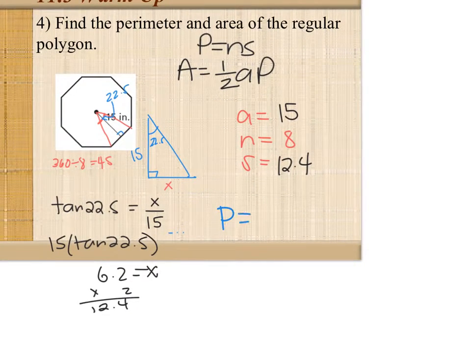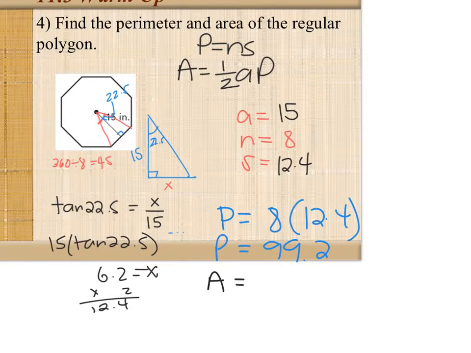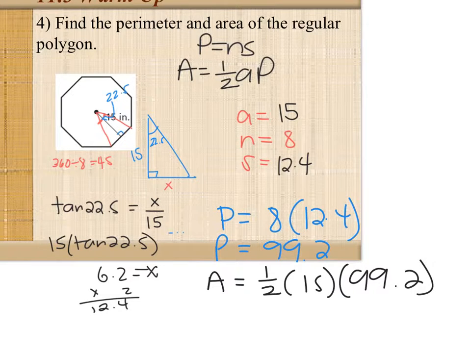So perimeter is number of sides times the length of each side, which is 99.2. And the area would be 1/2 the apothem, which is 15, times the perimeter, which is 99.2.